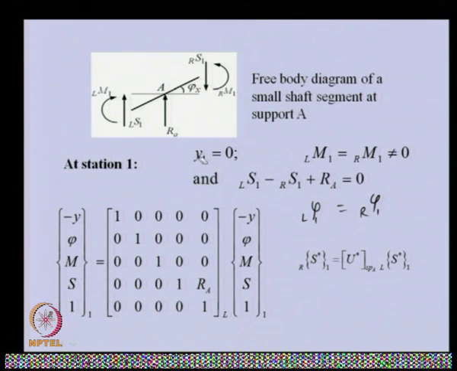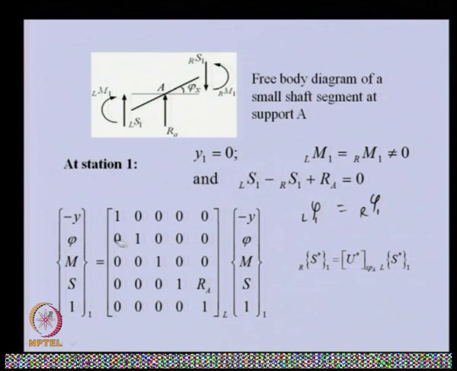You can see this matrix, in which I have combined all these equations. What do they represent? The first equation is minus y right of 1 is equal to minus y left of 1. Basically both are 0, so they represent 0 equal to 0. Similarly, the second equation is this one, in which the left and right side slopes are the same.